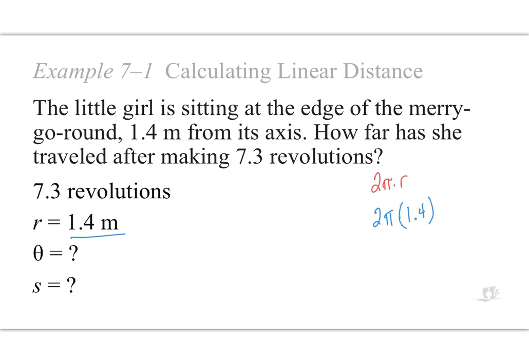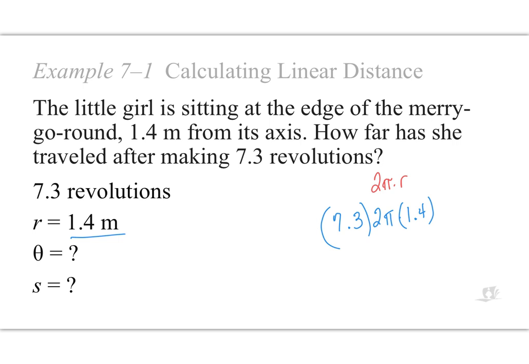Everybody agree with that? So then all you have to do is multiply by how many times you did that. How many circles? Well, they told me in the problem. I went 7.3. Every revolution is 2 pi, okay?